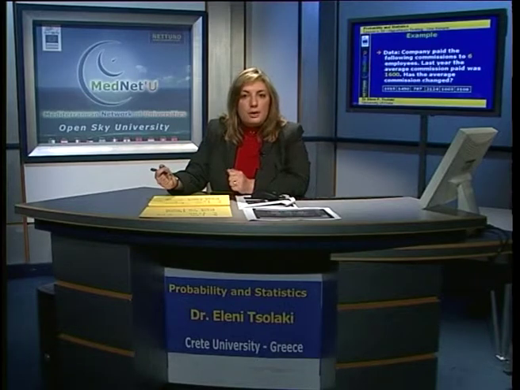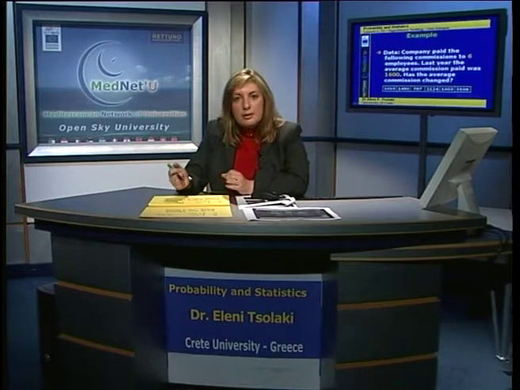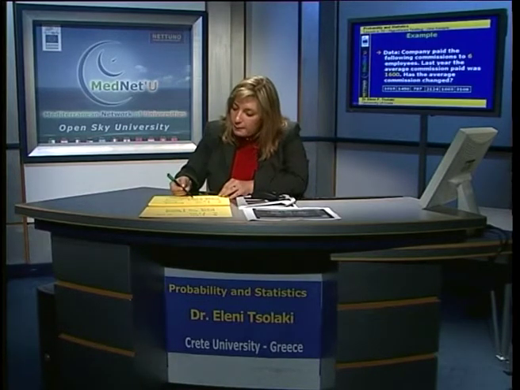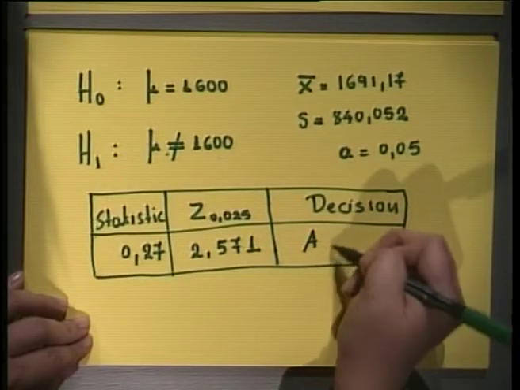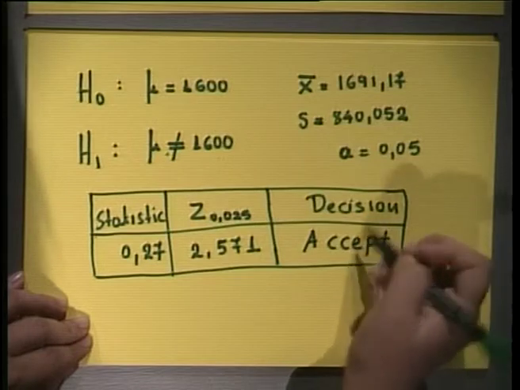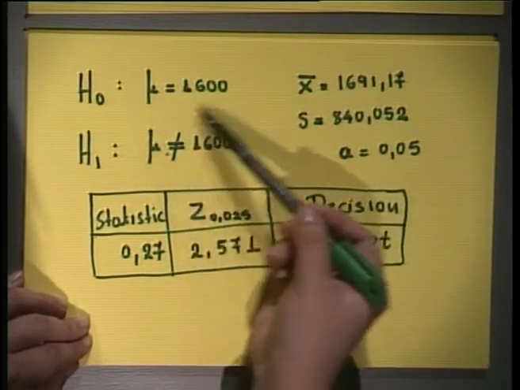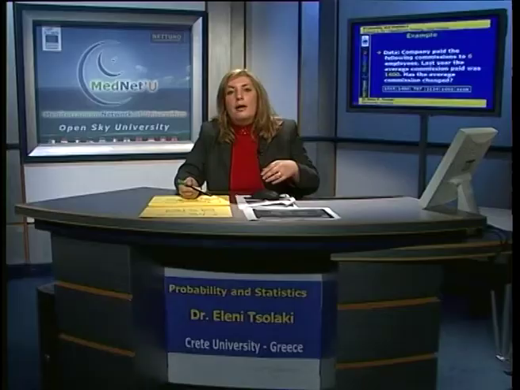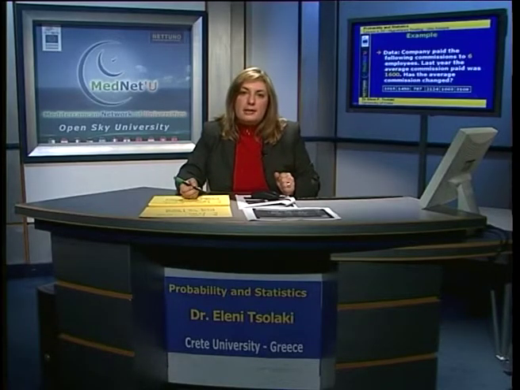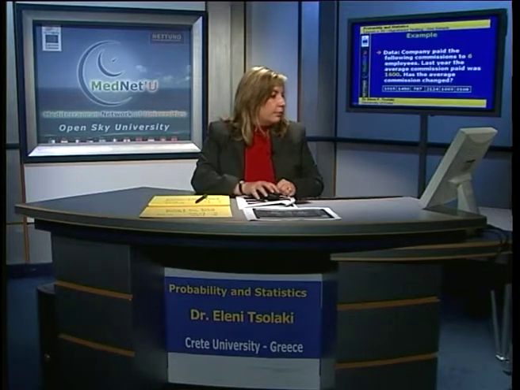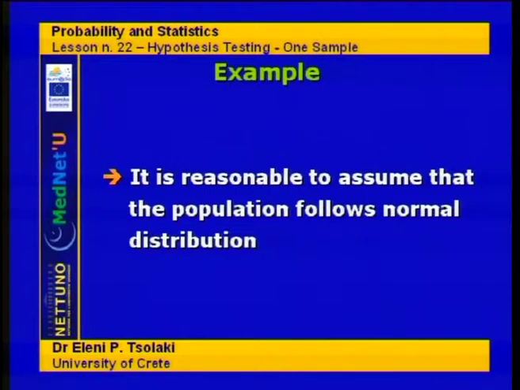Now, according to what we have calculated, we see that the absolute value of the statistic is less than the point of the distribution. So we accept our null hypothesis. We can say that the mean value is 1,600. Of course, because our sample was small, we needed to assume that the population follows a normal distribution for this example.